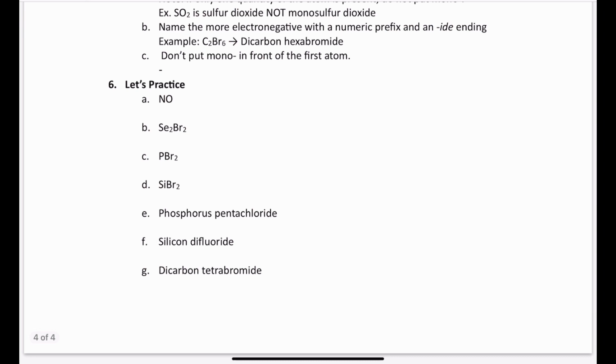So we have a nitrogen. We're not going to say mononitrogen because we don't put mono for the first one. But we do use mono for the second. And this is just for oxygen. We don't call it monooxide.